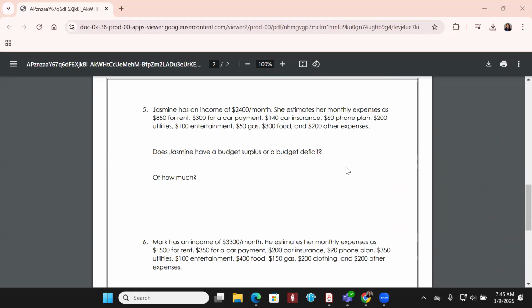Okay, so Jasmine has an income of $2,400. So she can't spend more than $2,400. She estimates her monthly expenses to be $850 for rent, $300 for a car payment, $140 for car insurance, $60 for a phone, $200 for utilities, $100 for entertainment, $50 for gas, $300 for food, and $200 other expenses. Does Jasmine have a budget surplus or budget deficit? Surplus means that she will have leftover money.